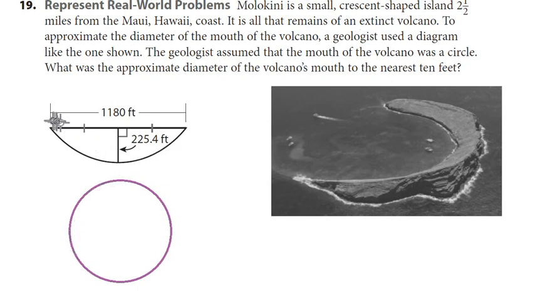We have no idea where the center of this circle is, but we know there's a line right here, and we know there's a line right here. And they're telling us that these two lengths are congruent, and this is a perpendicular line.